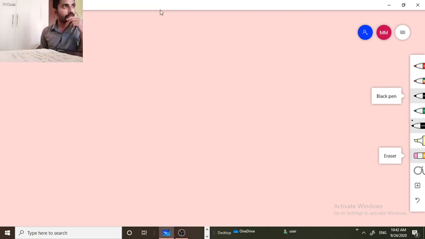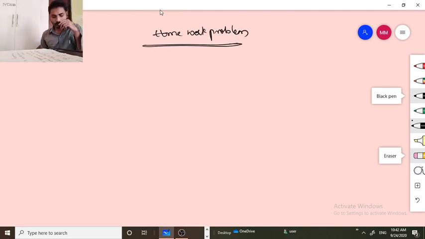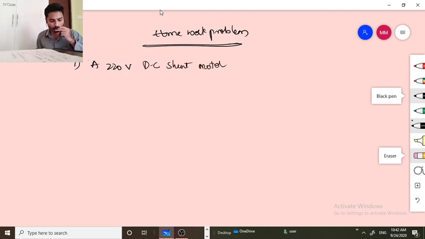Okay, so now I will give the homework problem based on the Swinburne's test. A 220 volts DC shunt motor takes 3 amperes on no load.